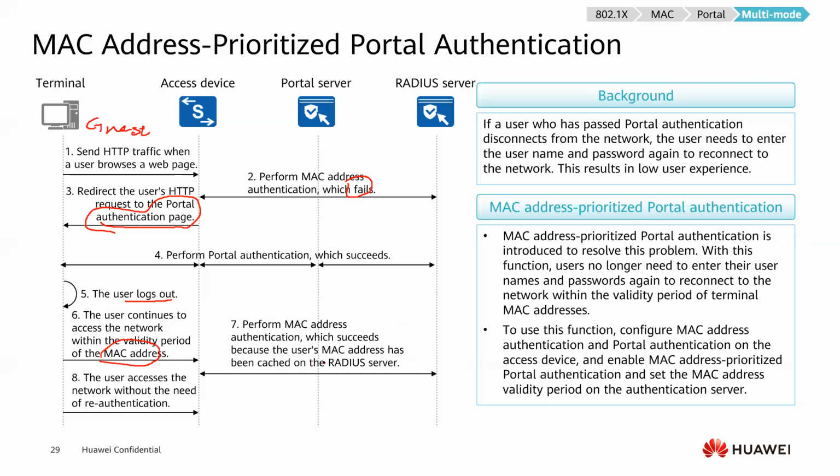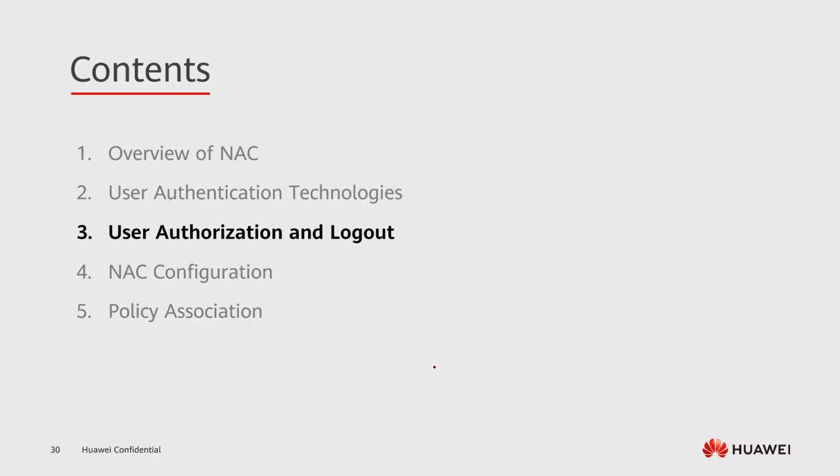So when it receives this MAC address packet again, it will just verify this kind of packet and set it as a valid terminal. So it will get access to the specific resources again. So this is the scenario for the second mixed authentication method.